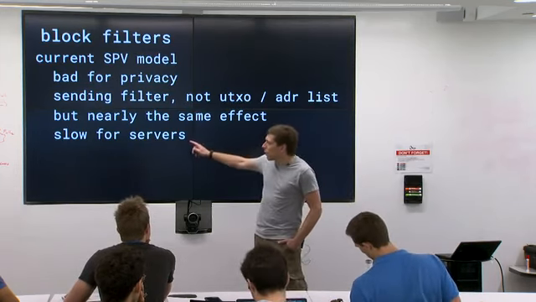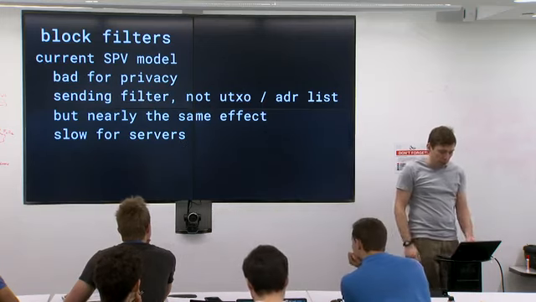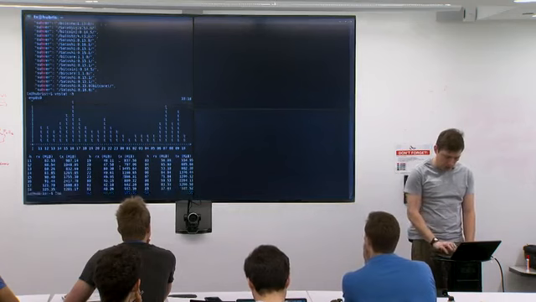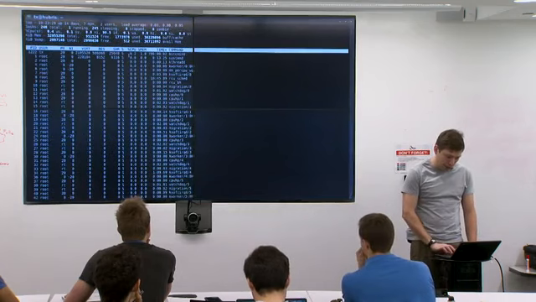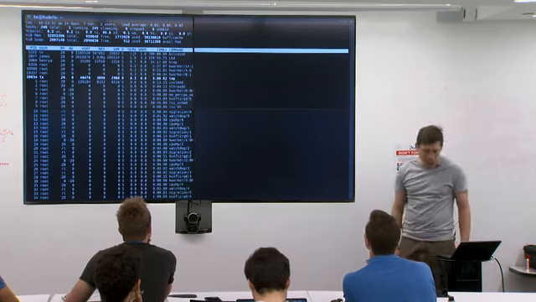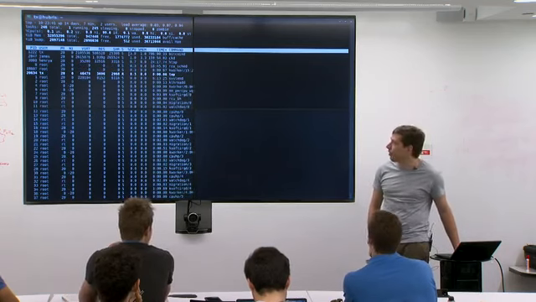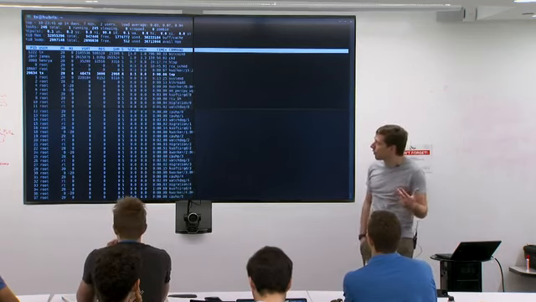A lot of SPV clients doing filter loads can slow down your server. It can take CPU time. Right now, okay, so 6%, 2%. It's pretty low CPU usage generally for Bitcoin, even with 30 or 40 other nodes connecting and downloading stuff.